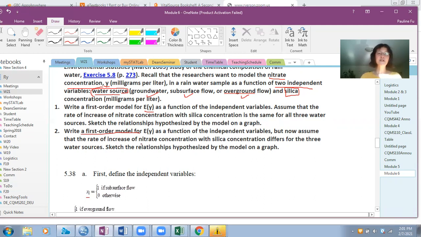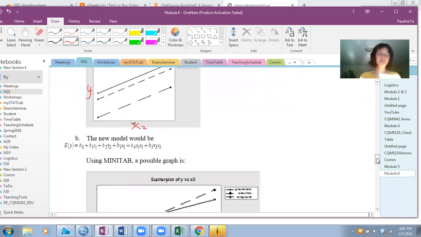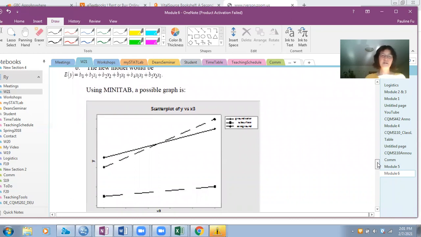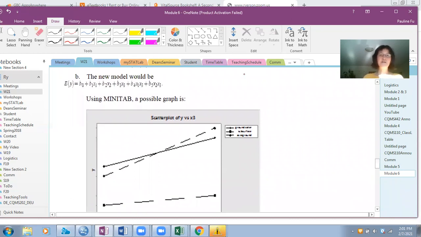the rate of increase with silicon differs for the 3 water salts, and then sketch the relationship. Okay. So this question, if they differ, means there are interactions between x1 and x2.